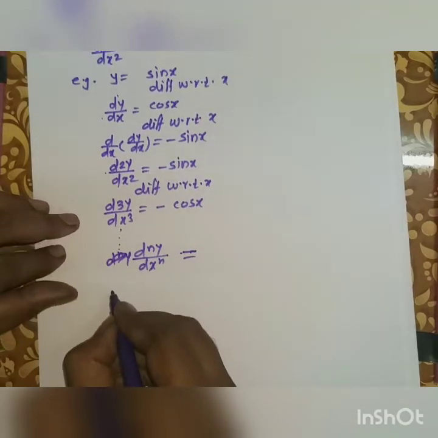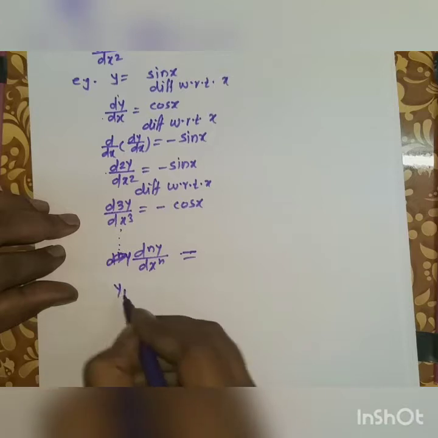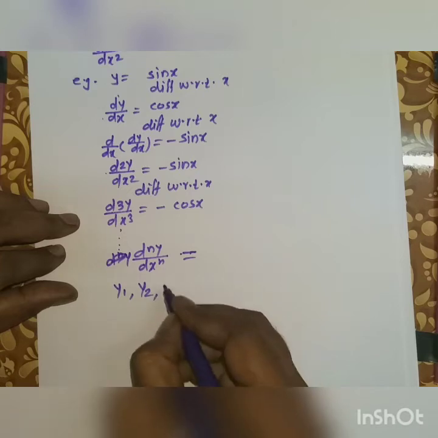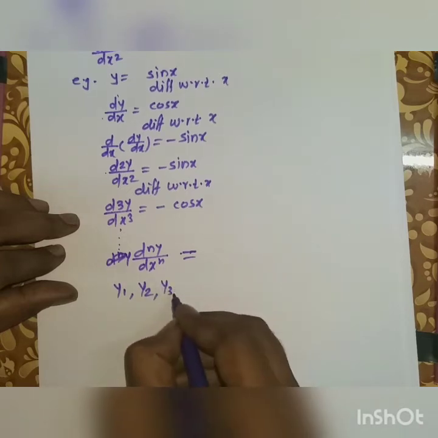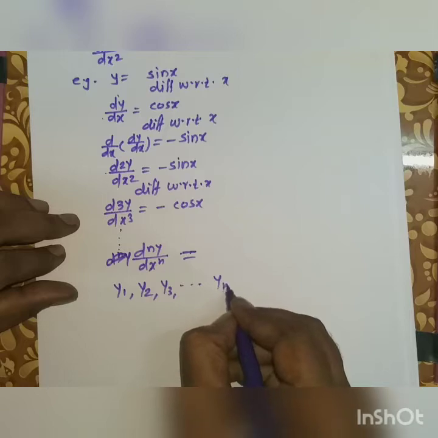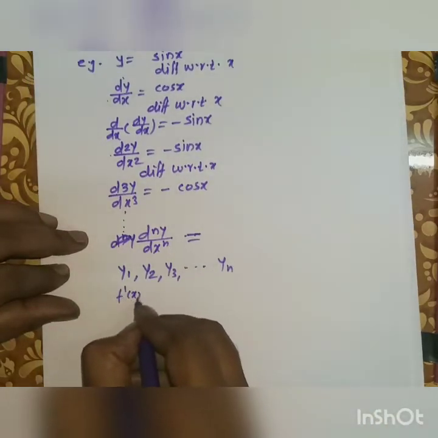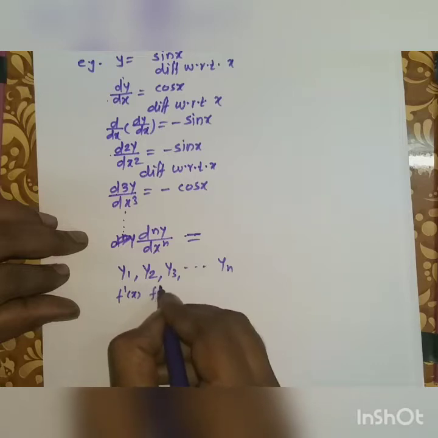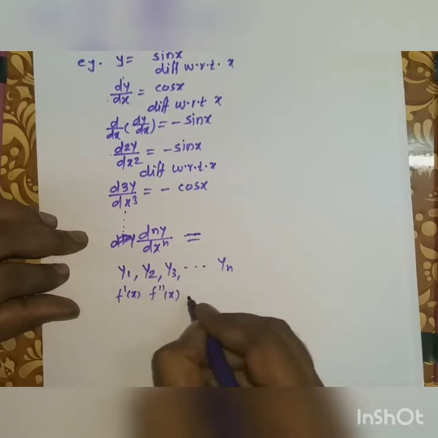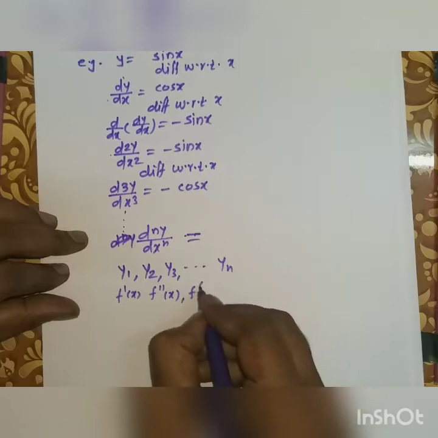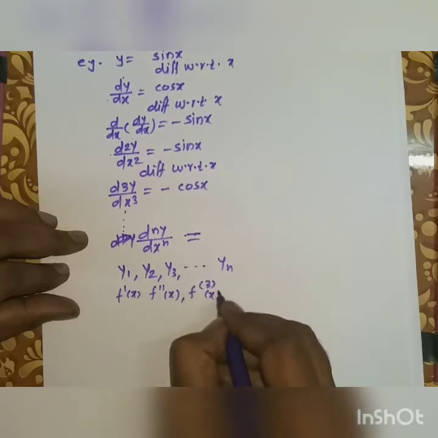Now the notation of higher order derivatives are y1 first order derivative, y2 second order derivative, y3 third order derivative, up to yn nth order derivative. Or f dash of x first order derivative, f double dash of x second order derivative, f of 3 of x.